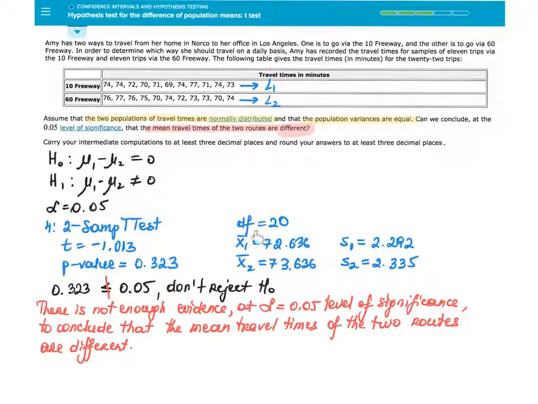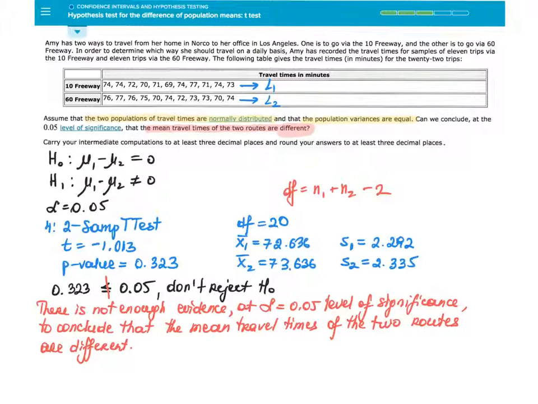It tells me that degrees of freedom is 20, and that comes from the fact that we have 11 in one sample and 11 in another sample, so 22 altogether in my pooled sample size. And degrees of freedom for pooled sample size is found, again, I would like to remind, degrees of freedom is equal to n1 plus n2 minus 2, which would be 22 minus 2, or 20.